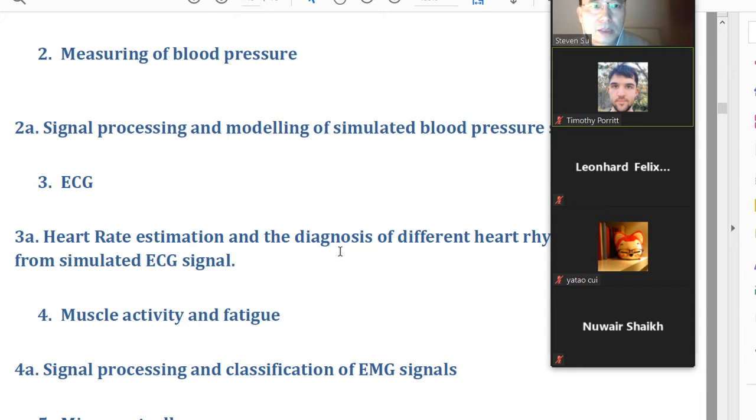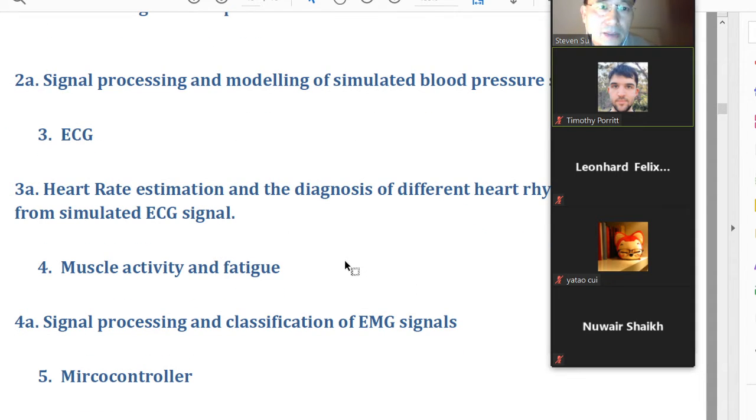Maybe Jeffrey will show you how to generate the artificial ECG signal. From the ECG you can calculate the PQRST wave, and then, for example, calculate heart rate or RR interval.